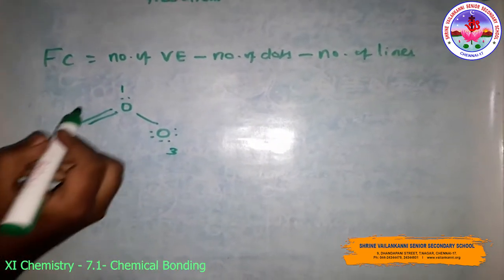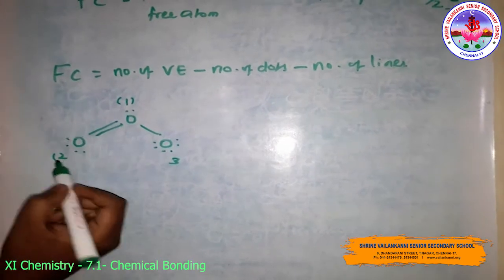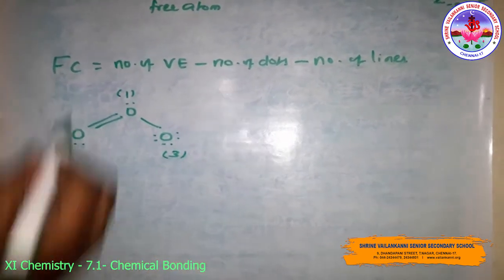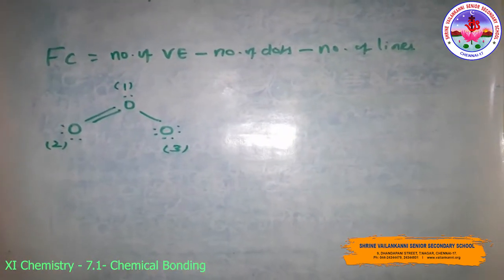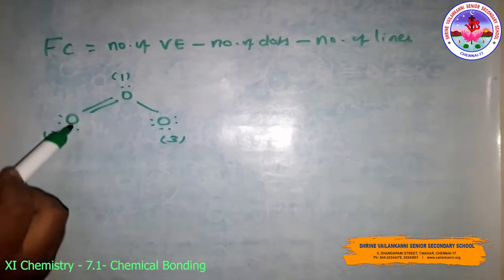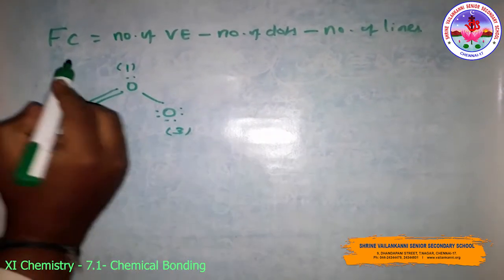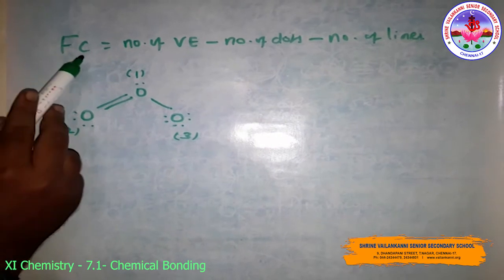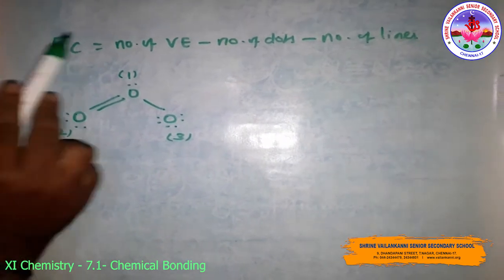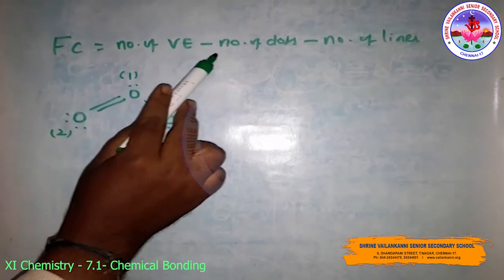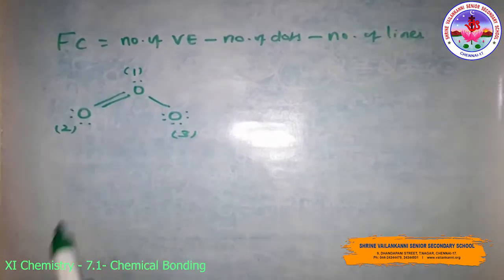Now we can calculate the formal charge of the O3 molecule. This is a polyatomic molecule. Here the formula is: FC, formal charge, equals number of valence electrons minus number of dots minus number of lines.